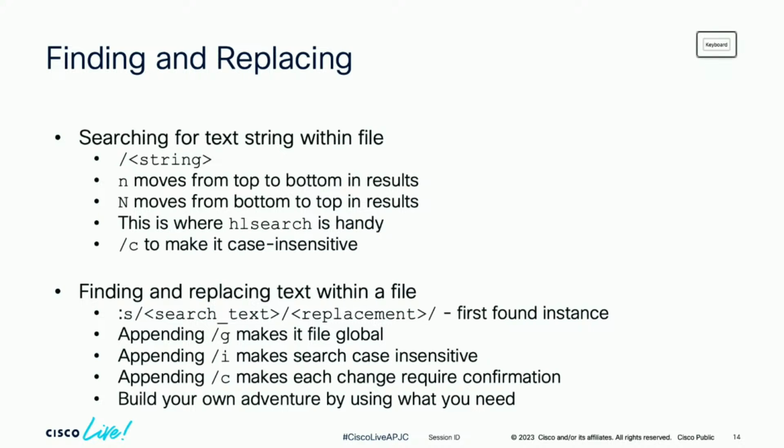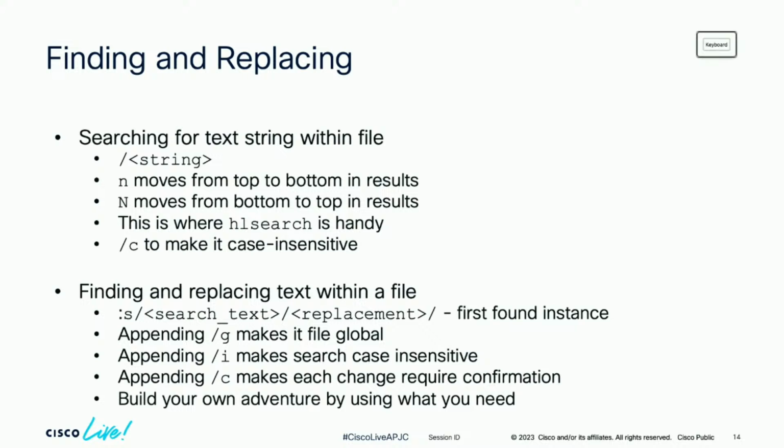The other thing that we want to do is finding and replacing text. So it's very similar. We do :S, what text we want to search for, what we want to replace it with, and that will replace the first found instance from where your character is. So if I'm halfway through the file, it will work from top to bottom, find that instance, and replace it. If we append /G, so text replacement /G, replace every instance.